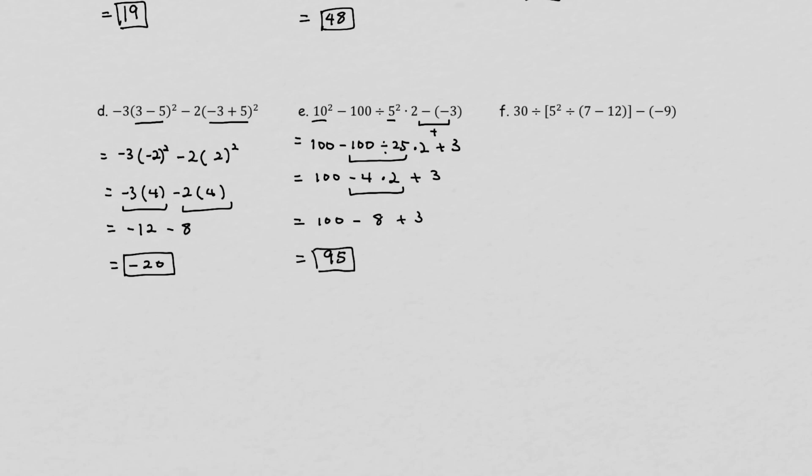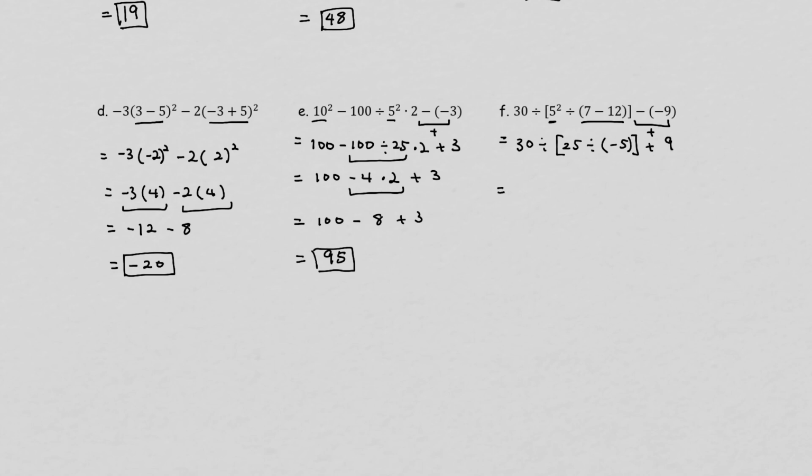Last one. Let's see, I will do exponents, parentheses, and maybe combine the signs at the same time, right? So 30 divided by 5 squared, 25, divided by 7 minus 12, I get negative 5. And subtracting negative 9 is the same as adding 9.